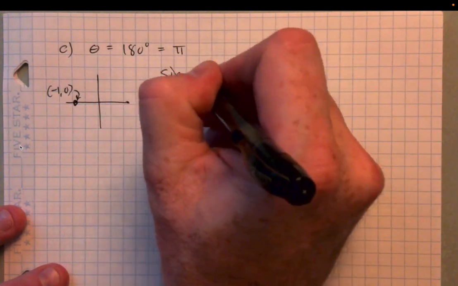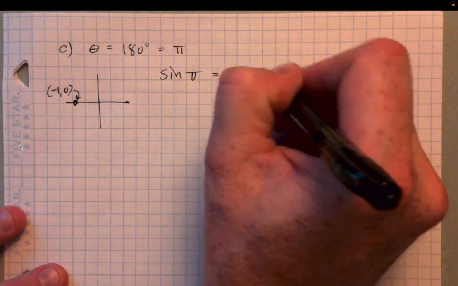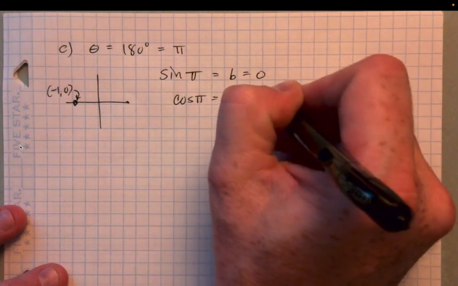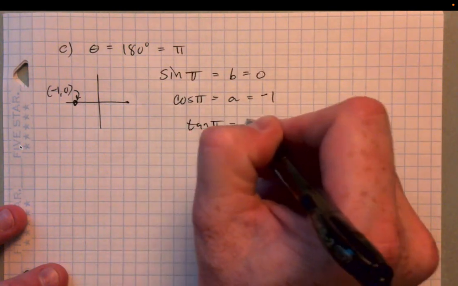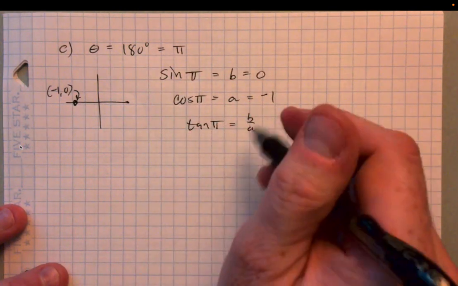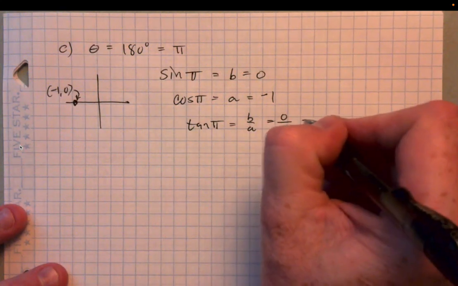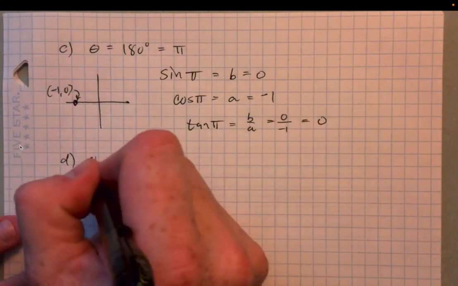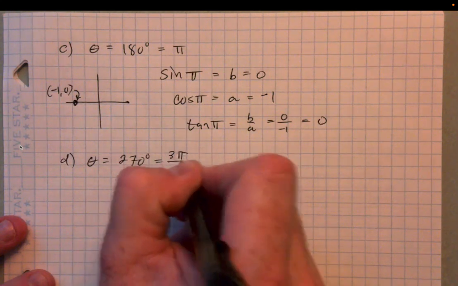And so the sine of pi is equal to b, which is 0. The cosine of pi is a, which is -1. And the tangent of pi is b over a. Right? In this case, 0 over -1. And so it's 0.